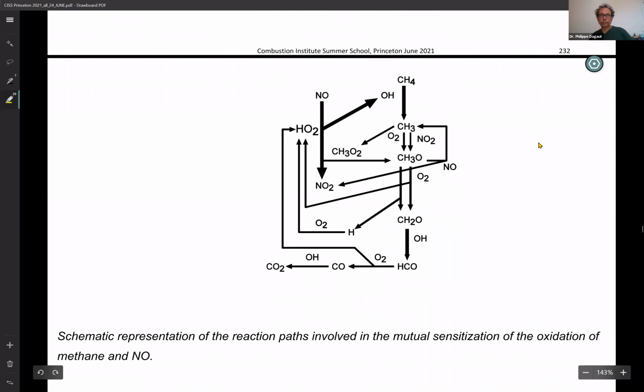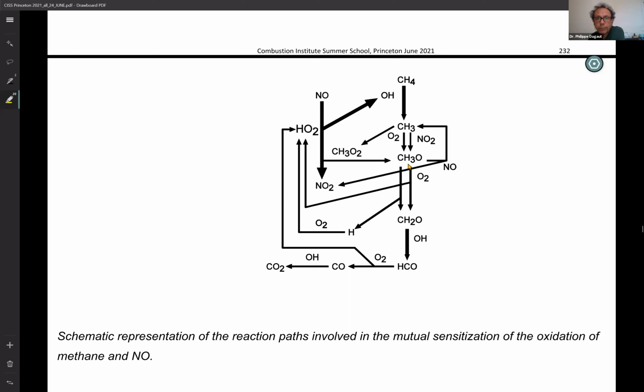If we try to schematically represent what's going on, we have here the fuel chemistry, and here we have reactions which are due to the presence of NO. Methane is oxidized by OH radicals to produce CH3.